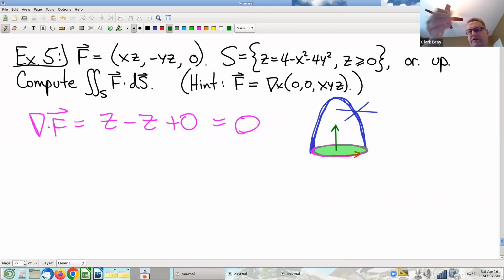Thumb, fingers, swirl, side swipes. And that does side swipe correctly. So our new surface is oriented upward. Okay, so there's our new surface oriented upward.